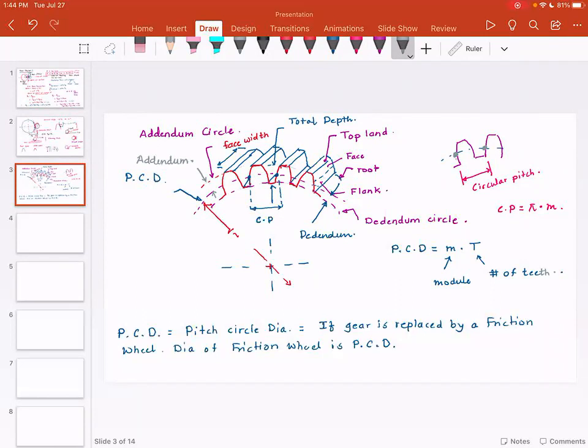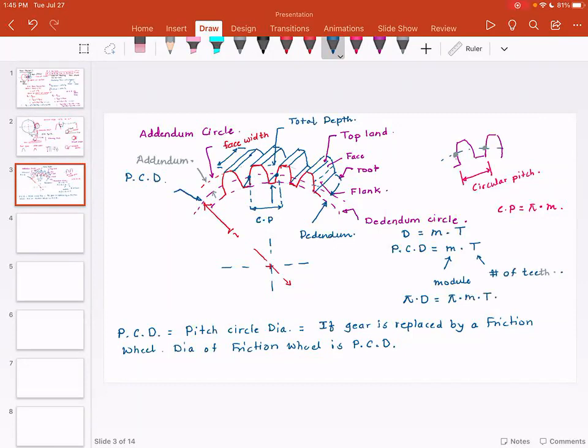So what I'm going to do is multiply the pitch circle diameter by pi. So I'm going to call this D equal to M times T. So I'm going to have pi D equal to pi times M times T.